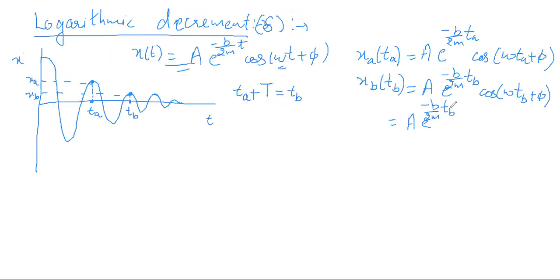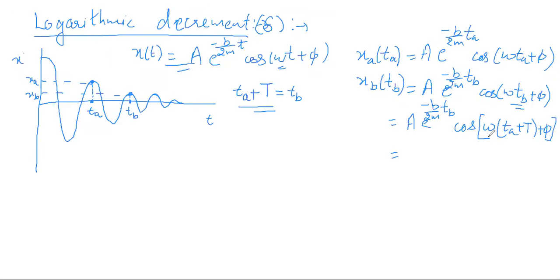TB cosine of, I'll write TB equal to TA plus T, but I first want to get rid of the extra terms in this expression for cosine here. Omega times TB, I can write TA plus T. And then I'll have phi here, right?